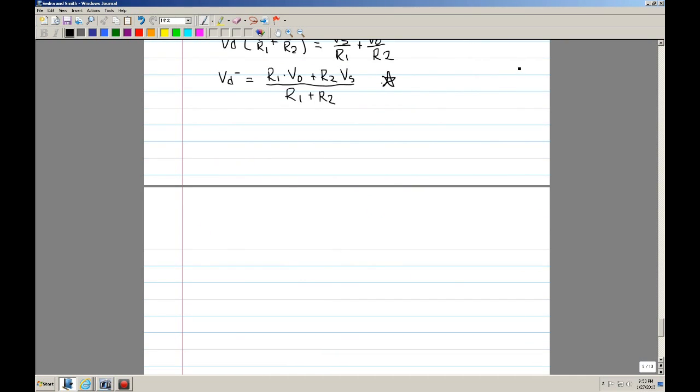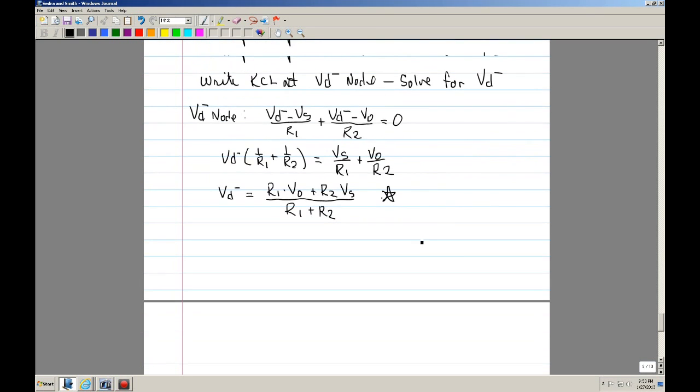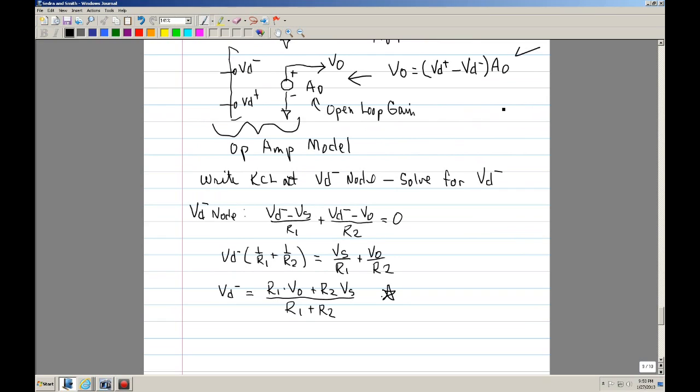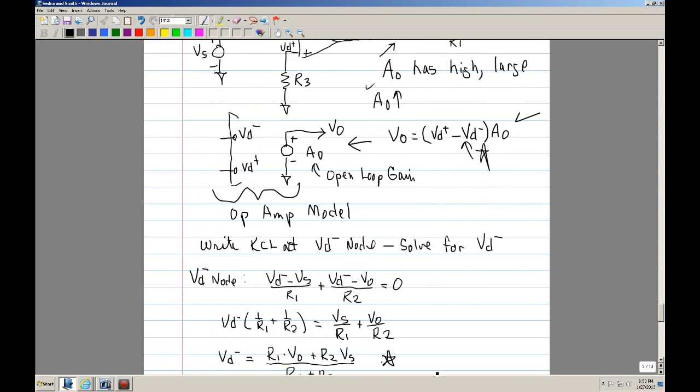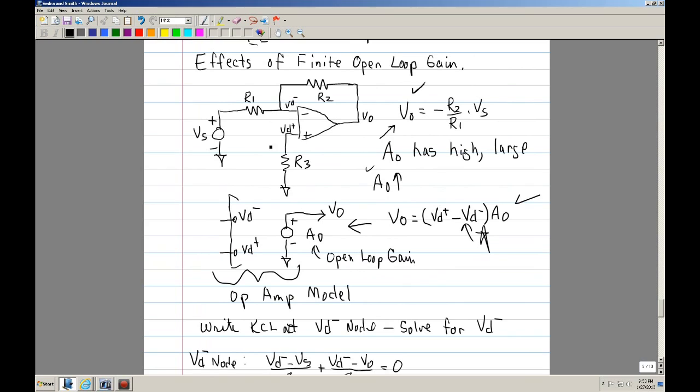Now we get this other equation, with another star: V out equals (VD plus minus VD minus) times A sub O. In the last lecture, we assumed that the current going into the op-amp is 0.